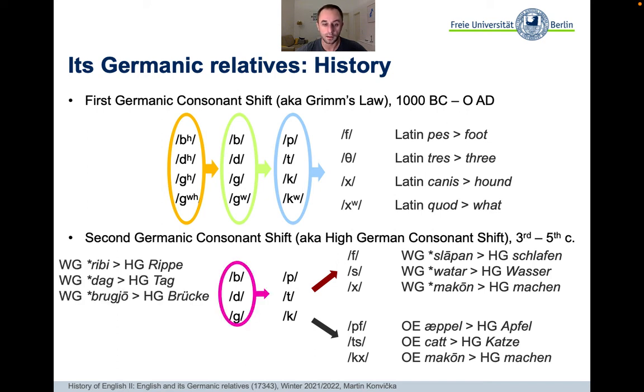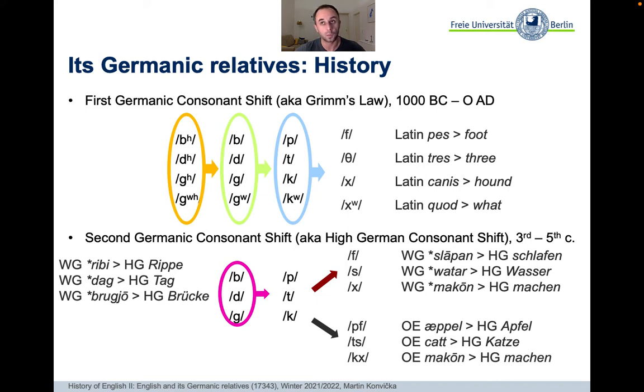After that, what fills the now missing p, t, k slots are the originally voiced stops b, d, and g. So in West Germanic the word ribi for ribs turns into the High German Rippe, with an unvoiced p sound. The West Germanic word dag changes to the High German equivalent tag with a t at the beginning.